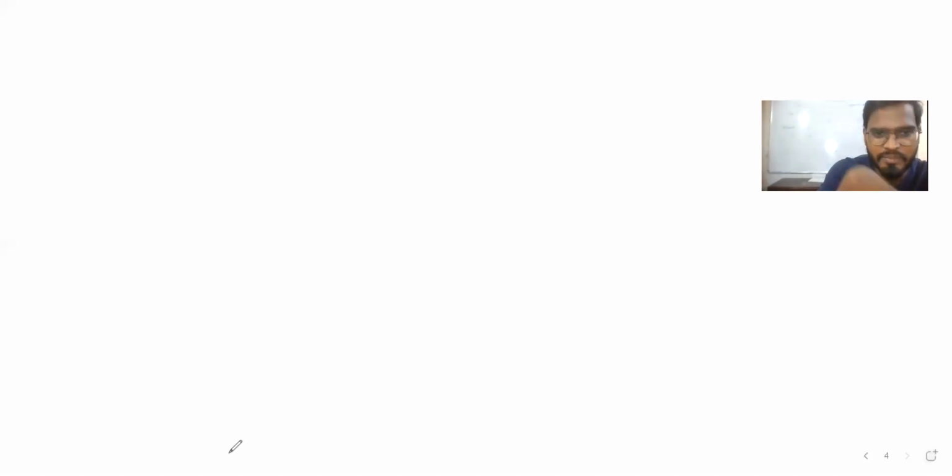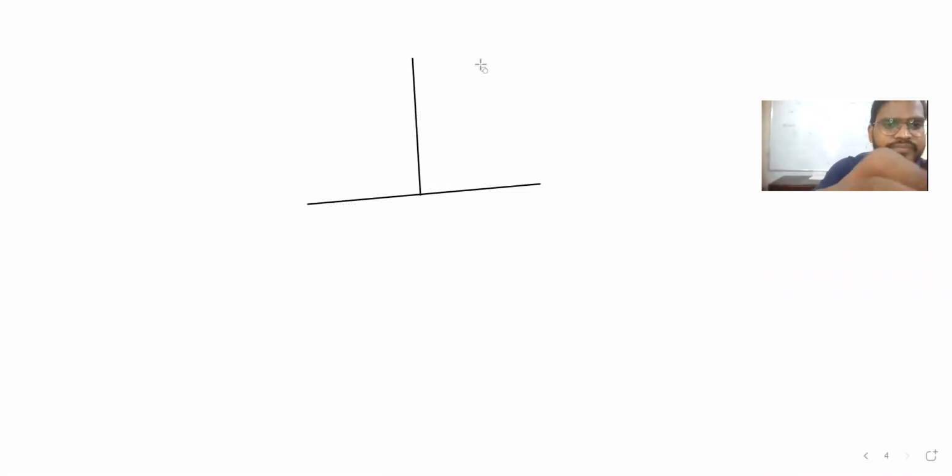Next, we will see the potential due to a dipole at an equatorial point. Somewhere here we will take this distance, minus, plus.